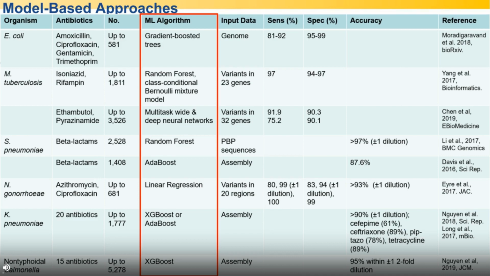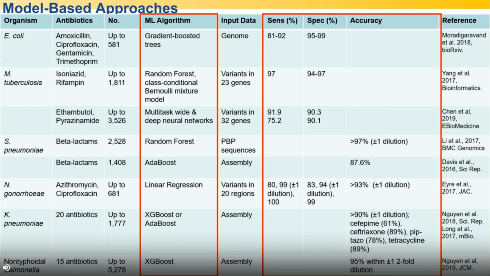The good thing about these model-based approaches is that the accuracy seems to be really good, and excitingly, we could see the ability to predict the minimum inhibitory concentration, or the MIC, within plus or minus 1 doubling dilution, which is amazing, and that's what we would expect within the standard error of phenotypic ASTs.